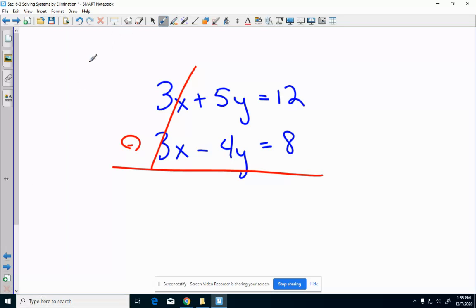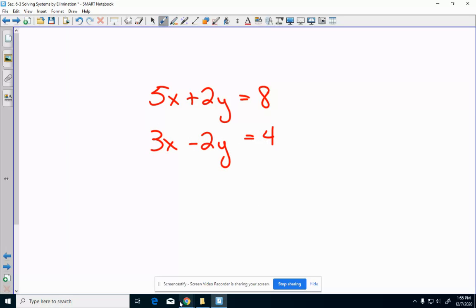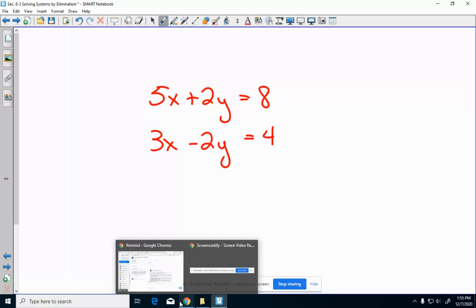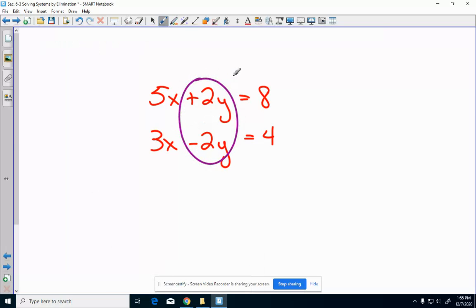Now, on the other hand, if we had something like 5x plus 2y equaled 8, and we had 3x minus 2y equaled 4, here subtraction would not cancel those out because they're already opposite of each other. In order to make those two cancel out, here we would want to add.